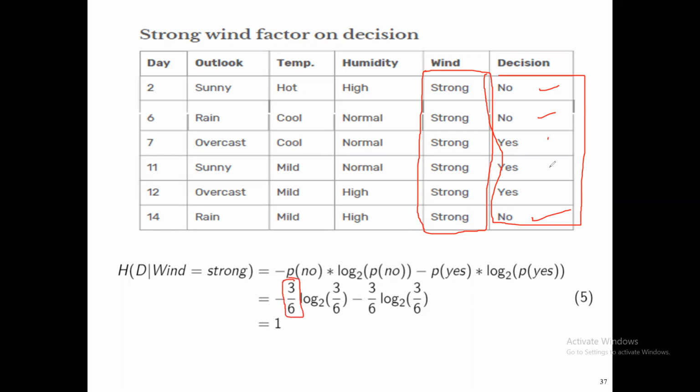And again, there are 3 yes values for wind equals strong out of the 6 examples. So Pi for yes will also be 3 by 6. So again, using the entropy formula, we can find out the entropy of decision given that wind equals strong. And we see that we get a value of 1 here.